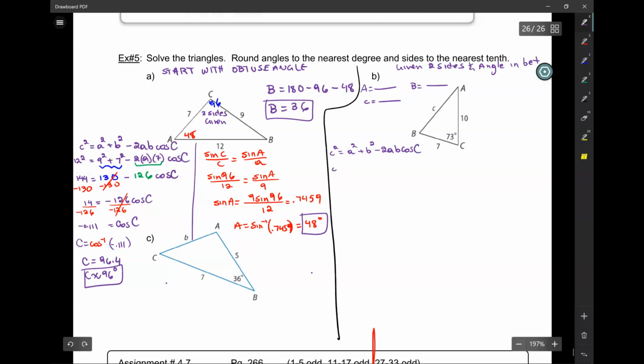All right, so C squared, that's our unknown, equals a squared, 7 squared, plus b squared, 10 squared, minus 2 times 7 times 10 times cosine of c, and I'm given c, it's 73.